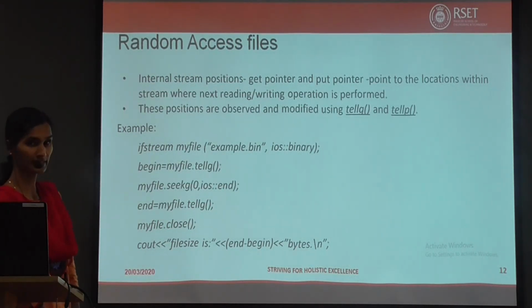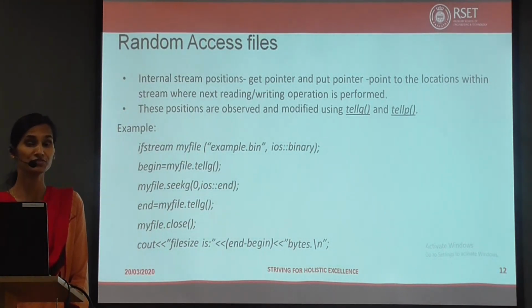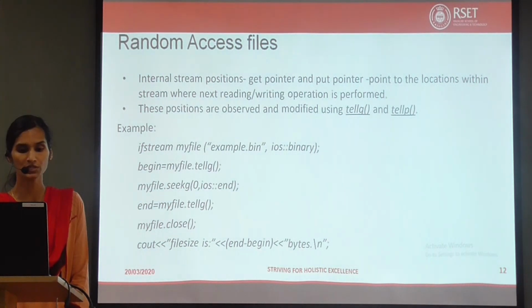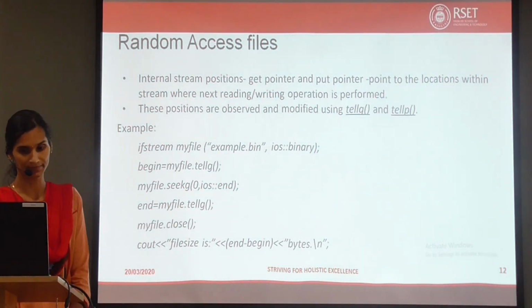So I give a variable name begin is equal to myfile.tellg, and myfile.seekg will now be used with the offset and direction. Now offset is I want it to be written from the first position, that is the first cursor position, and the direction is going to be end of file. So I give it ios::end.